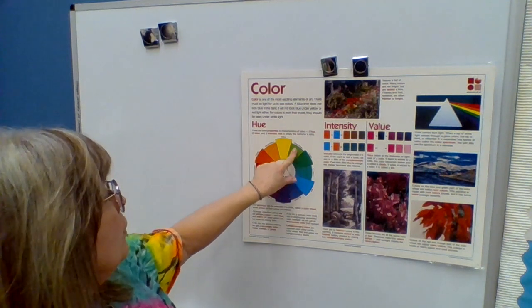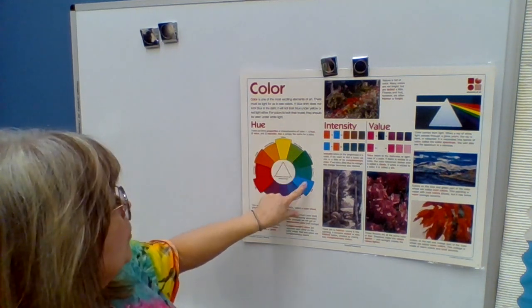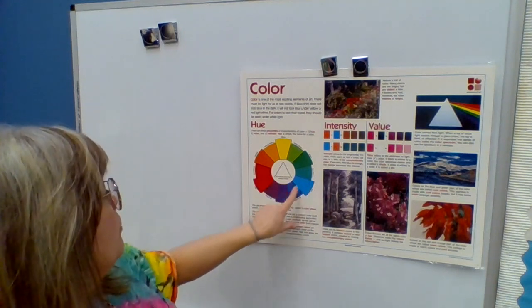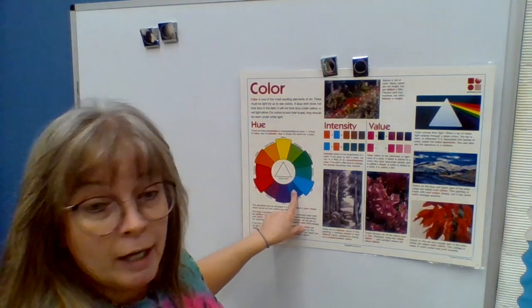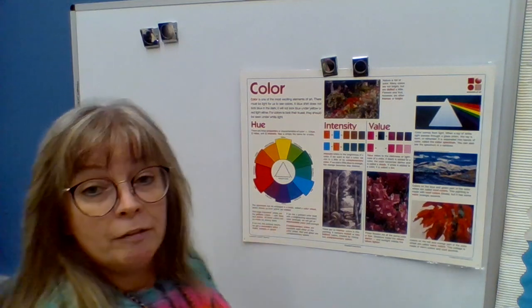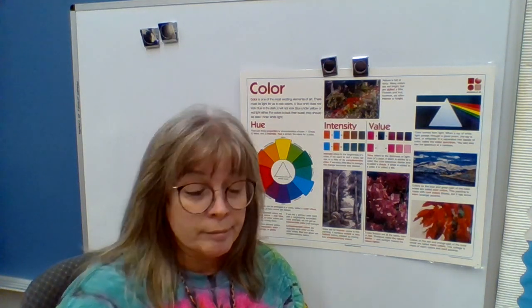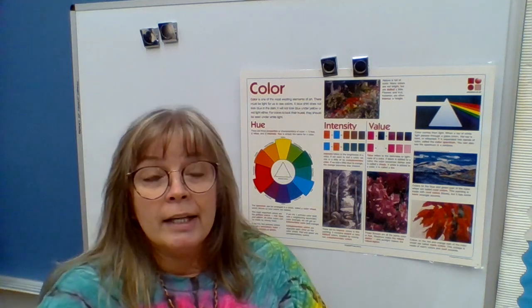Yellow and green will give you yellow-green. Blue and green will give you blue-green. Blue and violet will give you blue-violet. And red and violet will give you red-violet. So those are the tertiaries. There are 6 pair.